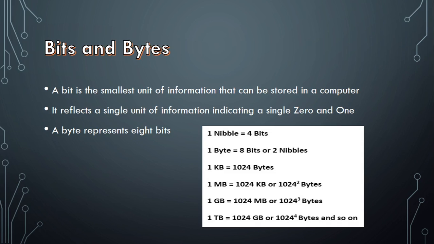And a byte represents 8 bits. You can see the chart here. Please avoid the chart that is there in your book on page number 16. Please follow this chart. It is the easier way to memorize the memory units.